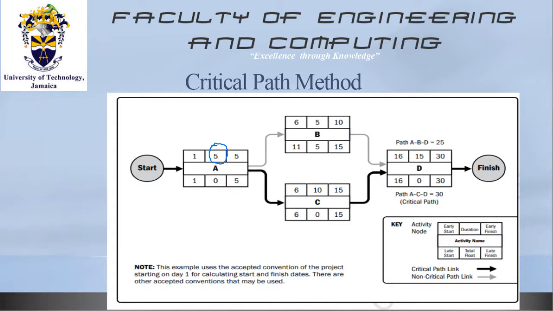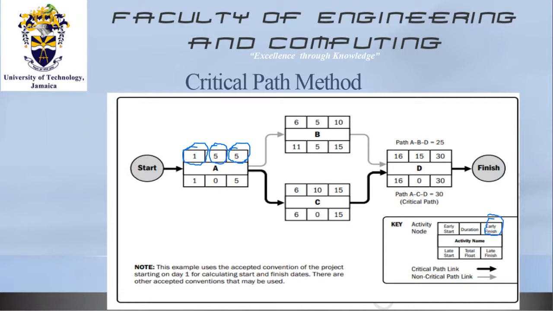Reference will be made to an early start. How early can you start, right? And how early can you finish? If you start on day 1 and it takes 5 days to do it, then obviously the earliest time that you will finish will be 5 days. And the early finish, if you notice, look at your legend down here or your key.